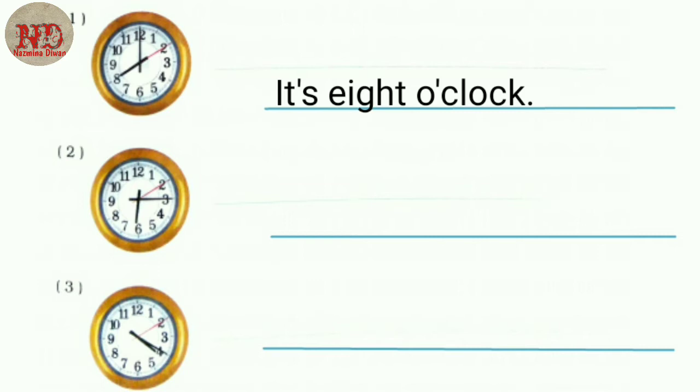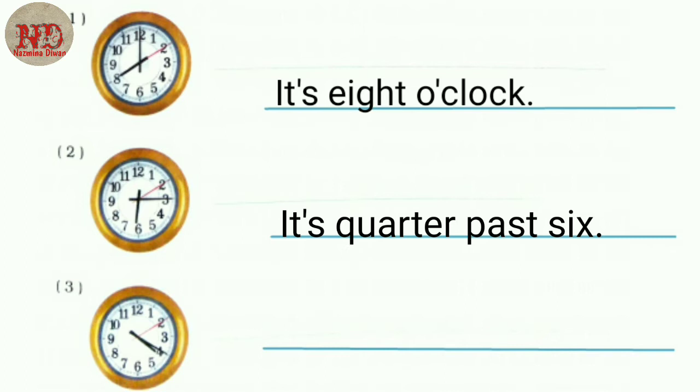In this clock a short hand is at 6 and long hand is at 3. So 3 means quarter. So we can say that it's 6:15. So students, 6:15 is the same as 6:15.